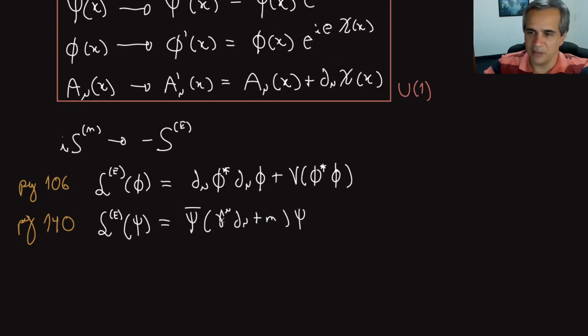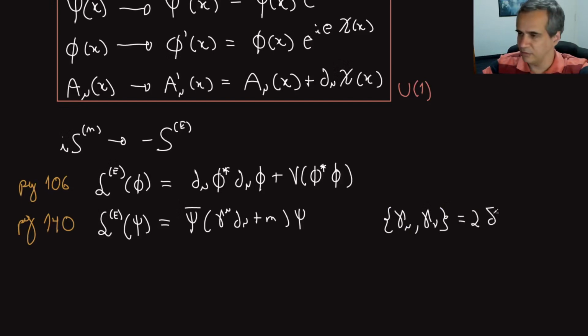In there you can see how the gamma, the Dirac matrices, changed when I went to Euclidean. Now they satisfy the Clifford algebra for a Euclidean space.